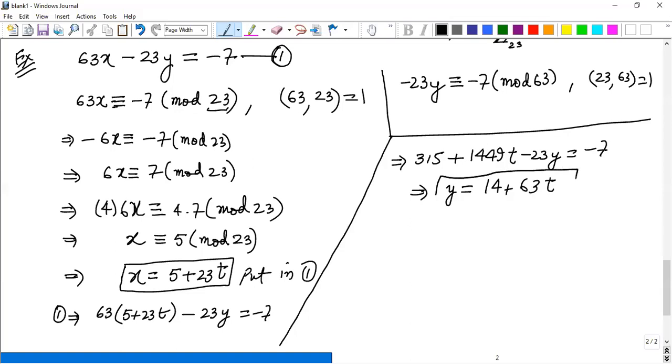So now we have this value, y equals 14 plus 63t, and x is equal to 5 plus 23t. This result agrees with the result that we got earlier when we solved the linear Diophantine equation.